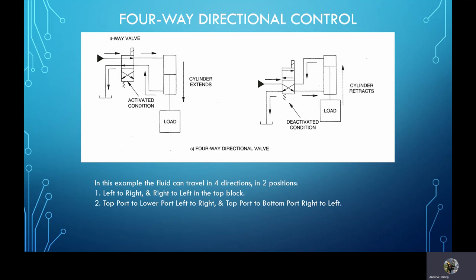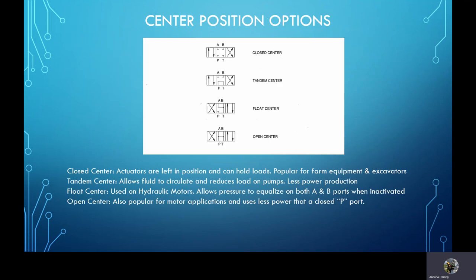The cap end is allowed to drain back to the tank on the bottom block through the right-hand top passage to the left-hand bottom passage. So this is an example of basically a two-position, four-way directional valve, if you want to look at it that way. Yeah, they could have made it easier and less confusing, I agree. However, this is what we're left with.